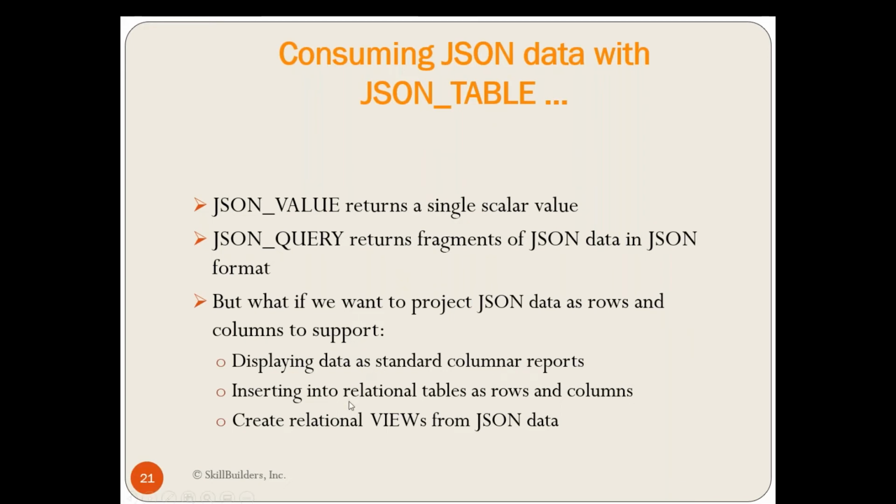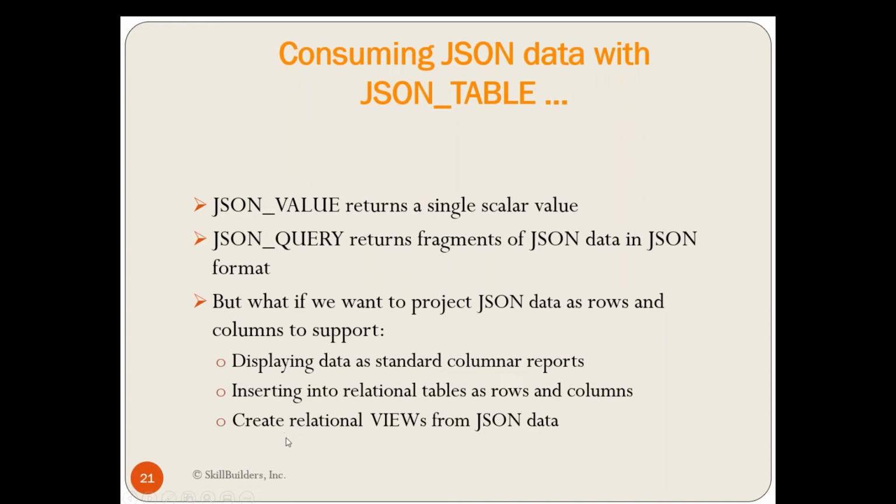We may want to take that data that is in a hierarchical format in JSON and convert it to a relational format and put it into a table as rows and columns. As a matter of fact, you can even create a relational view from the JSON data. When you create a relational view from JSON data and give someone that view, that's great, because if they don't know any JSON, all they know is their SQL, they can use standard SQL to get any of the data out of the JSON data.